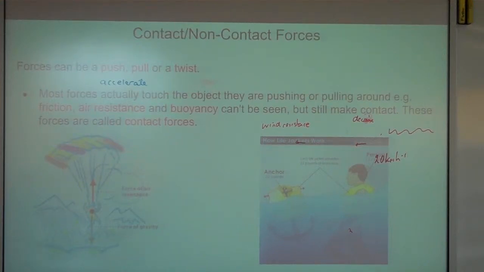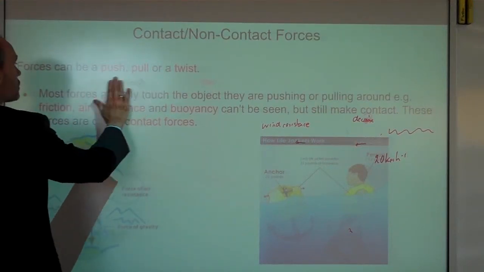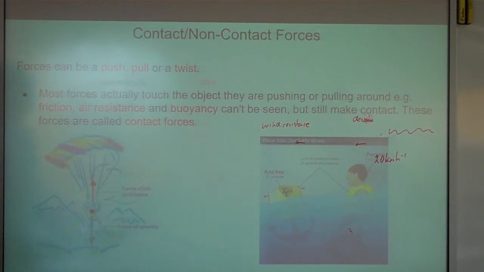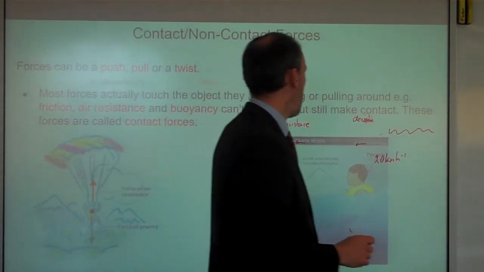Okay, forces can be push, pulling or twisting. Most forces touch the object, they are pushing or pulling around. Friction, air resistance, buoyancy can't be seen, but they do make contact. These are called contact forces.